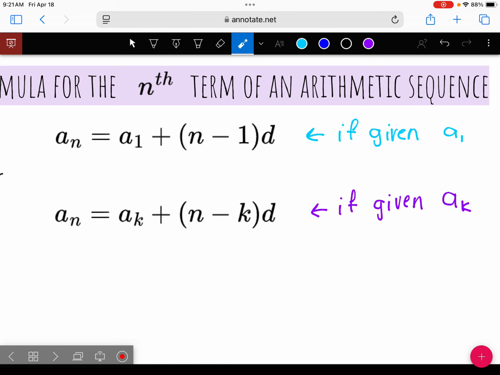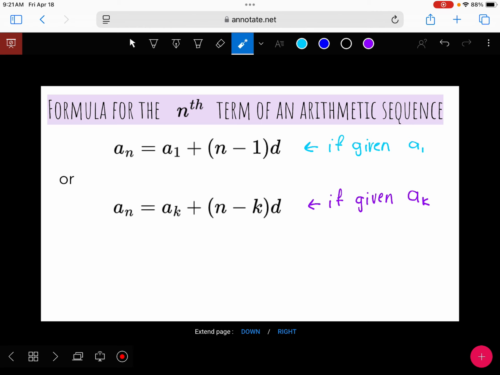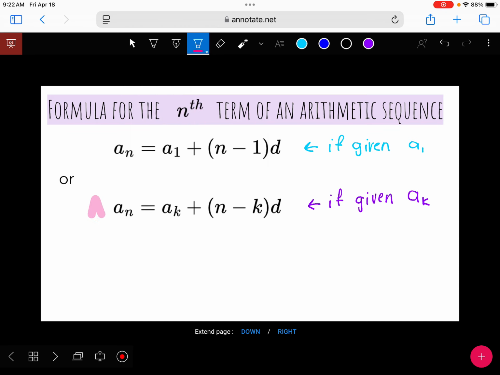So we're going to look at that second sequence we looked at to find our common difference. And we're going to find our formula, and we're going to find a term in it. So I highly recommend writing them down. If you only want to write down one, let it be the second one.